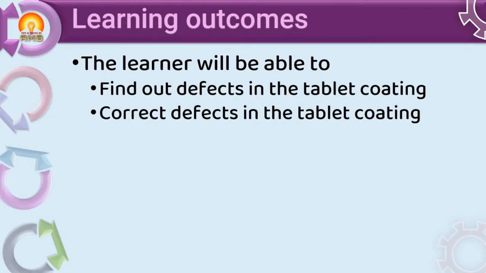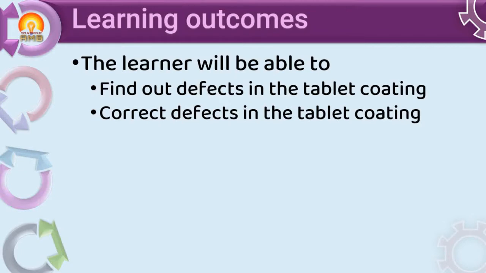To coat tablets properly, we should know what defects can be produced during tablet coating and what are the reasons behind that, so that we can eliminate these defects. Thus, we can avoid these errors and coat tablet in a flawless and perfect way.